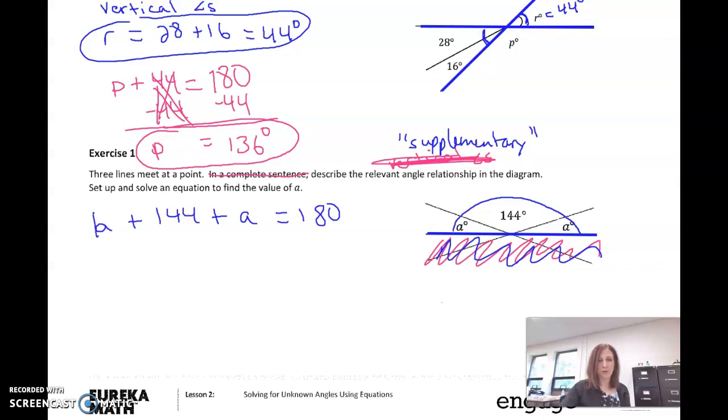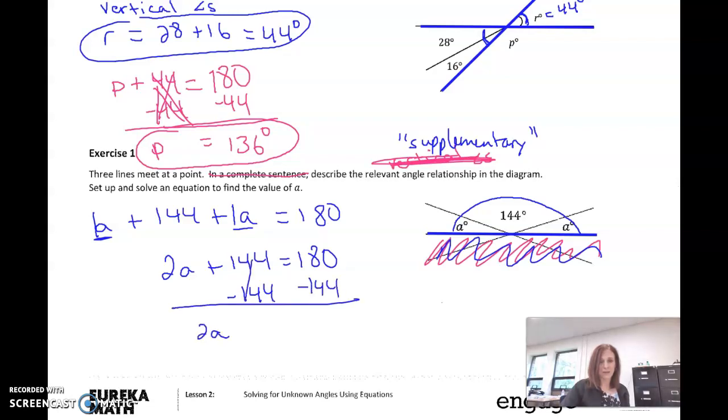If I have 1A plus 1A, that's 2 A's when I simplify. Add that to my 144, I get 180. Solving for A, I'm going to solve for 2A first. Get rid of this 144 by subtracting it from both sides. I'm left with 2A equals 36. This is 2 times A, so I undo that by dividing both sides by 2.